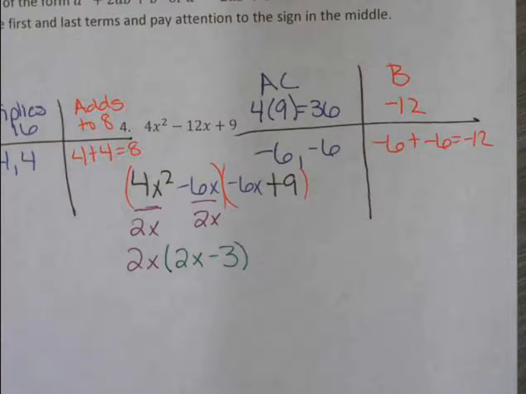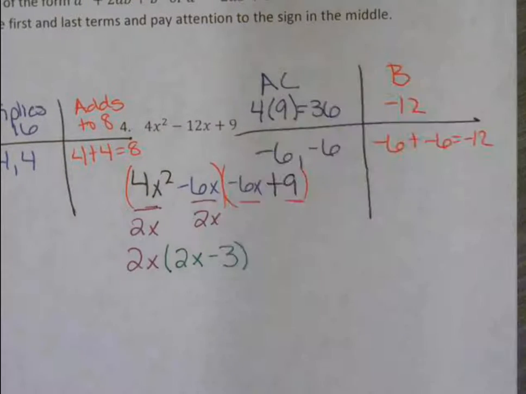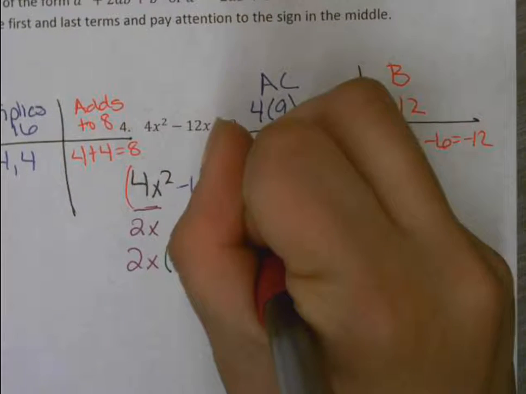Okay. What goes into my second group? What goes into both negative 6 and 9? You sure about 3? I mean, 3's right. But there's something you're missing.